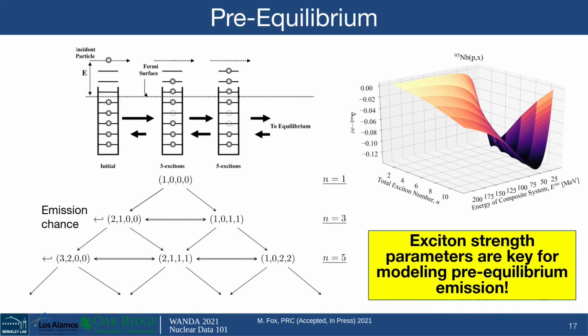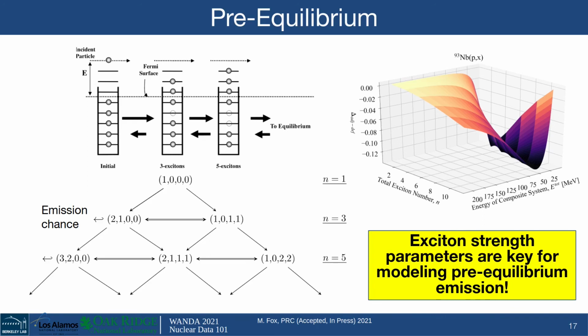This multi-step process proceeds through the creation and annihilation of two-component particle-hole pairs for both protons and neutrons, with each step characterized by transition rates, often expressed in terms of an effective squared matrix element for the average residual interaction.